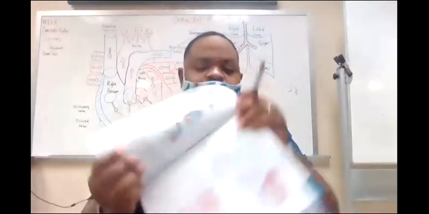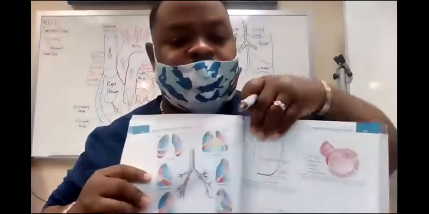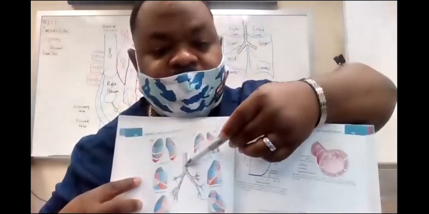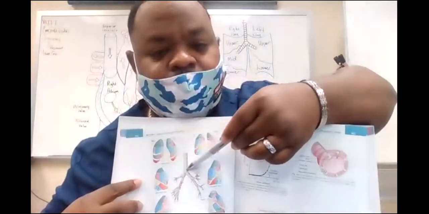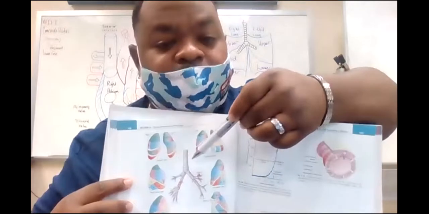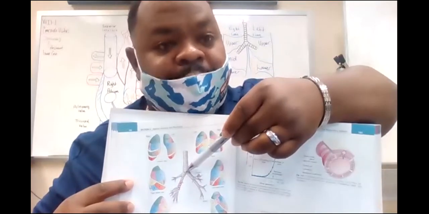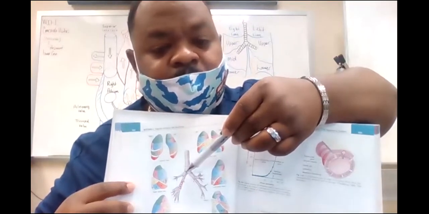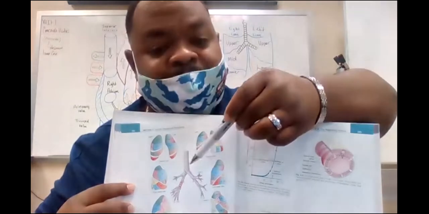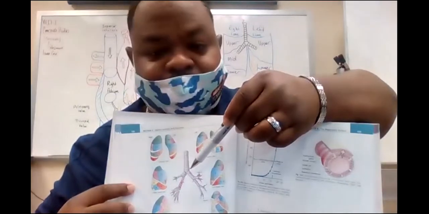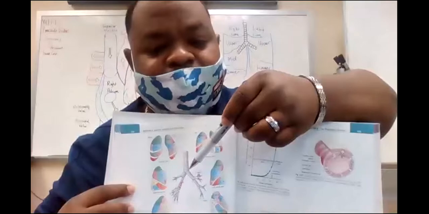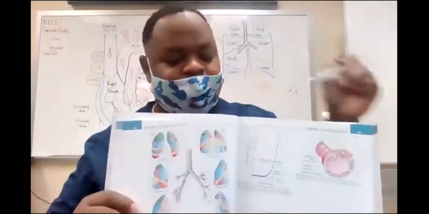If you look at the trachea, I'll show it this way to make sure we're all at the same place. This is the trachea, right? And it bifurcates at the carina into the right and left main stem bronchus.